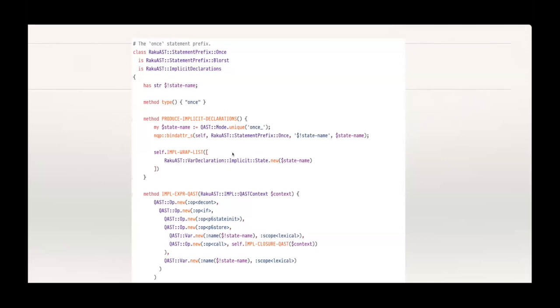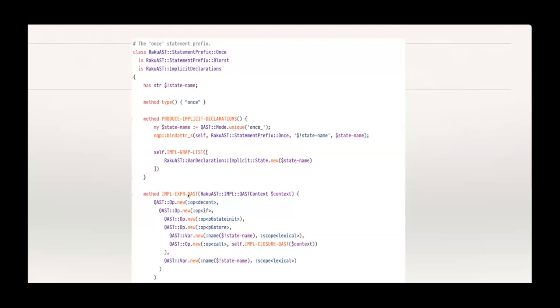So there are other QAST generating hooks that this node generates or inherits from its parent classes that are also triggered at various stages of compilation, strictly of compilation. But no, I guess with BEGIN and CHECK time, it gets fuzzy. We only need to concern ourselves with implementing IMPL, the expression QAST.